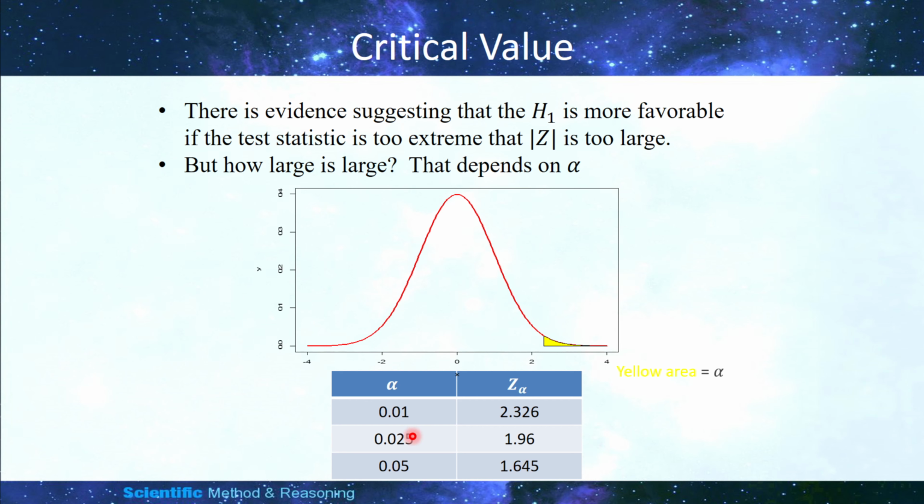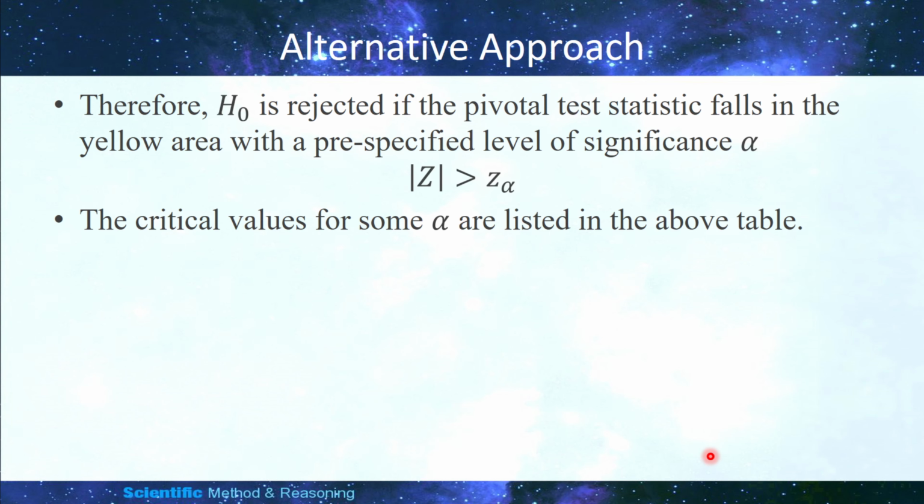Or alpha equals 0.01, then we have a smaller rejection region, where the test statistic needs to be greater than or equal to 2.326. We think this alternative approach is more appropriate because once we specify the level of significance, we can compare the standardized test statistic with the critical values listed here.